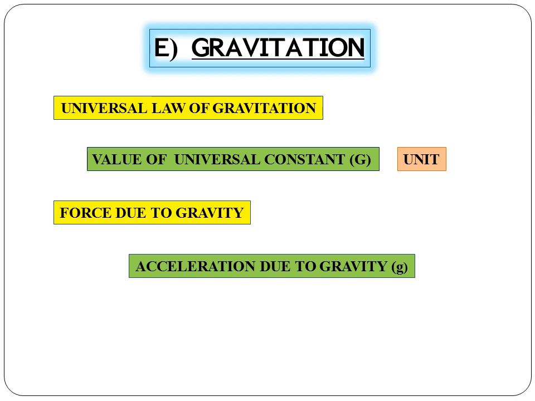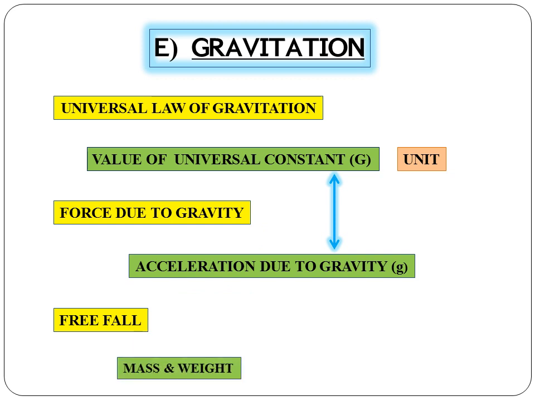So we'll discuss acceleration due to gravity and also the relationship between the universal constant and acceleration due to gravity. Then comes free fall of an object, mass and weight, and the relationship between mass and weight.